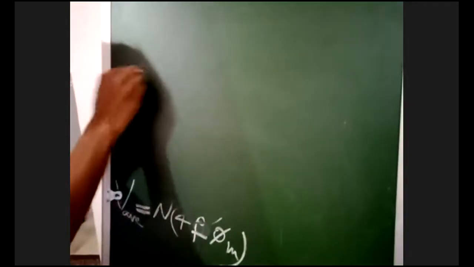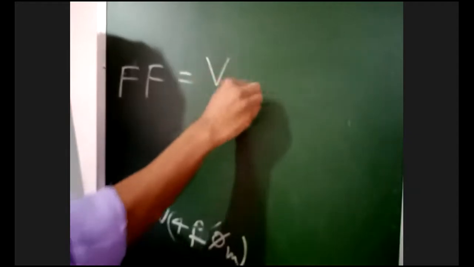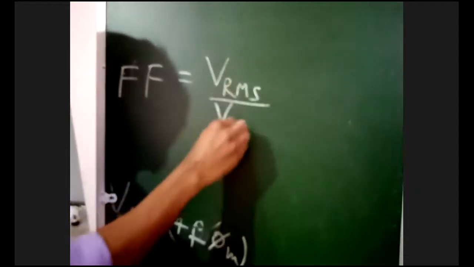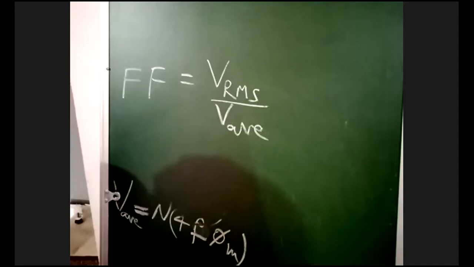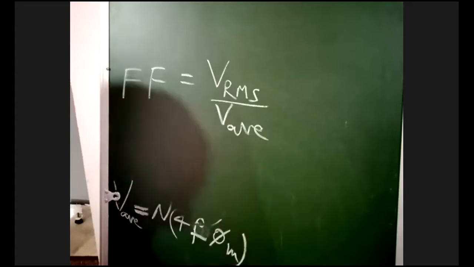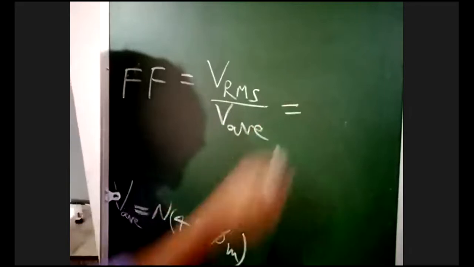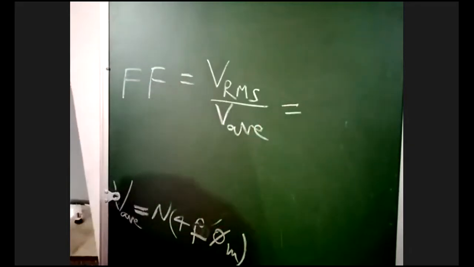What is the formula for form factor? I had told this formula in the second unit. Form factor is equal to RMS voltage by average voltage.